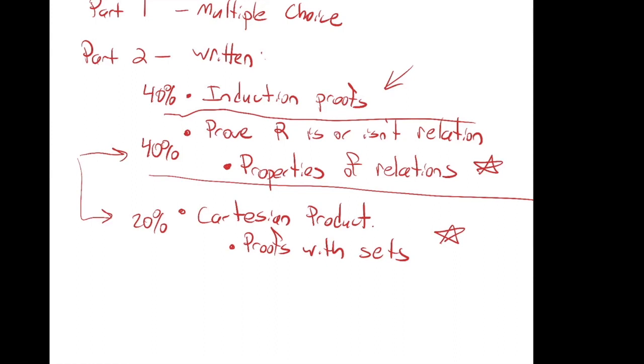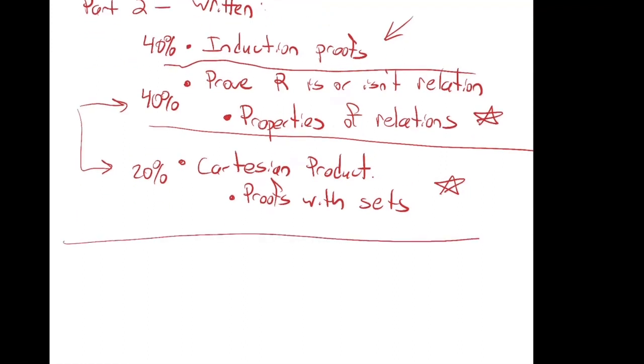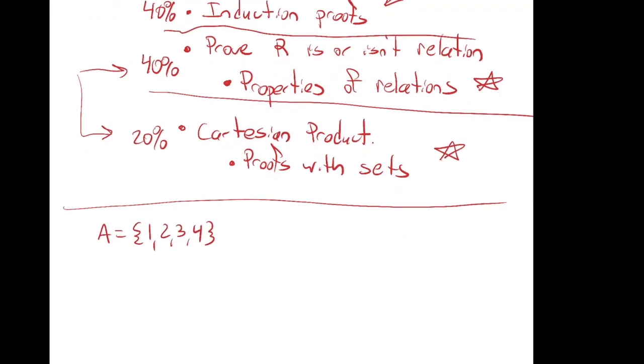Some nice problems that are good to practice really get at some of the subtleties of these relations. When we first talked about these properties of relations, we said, okay, let's consider a set A, and then let's find the relation which is reflexive and transitive, but not symmetric, right?